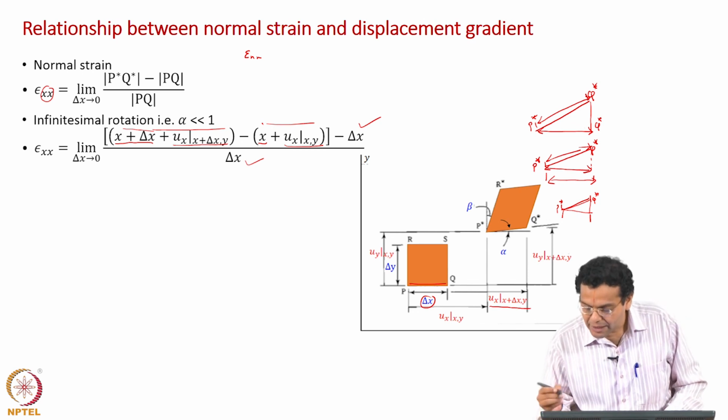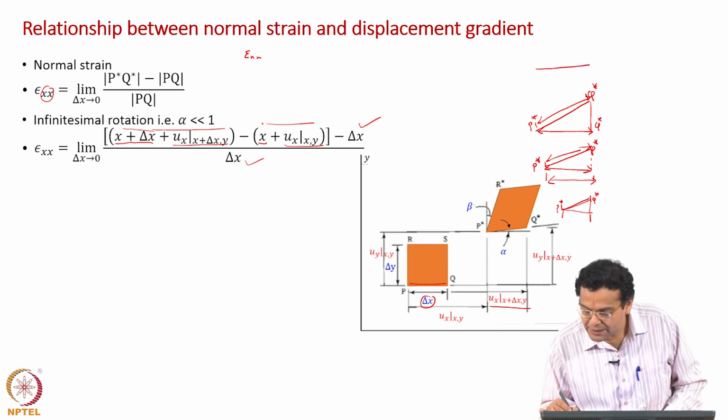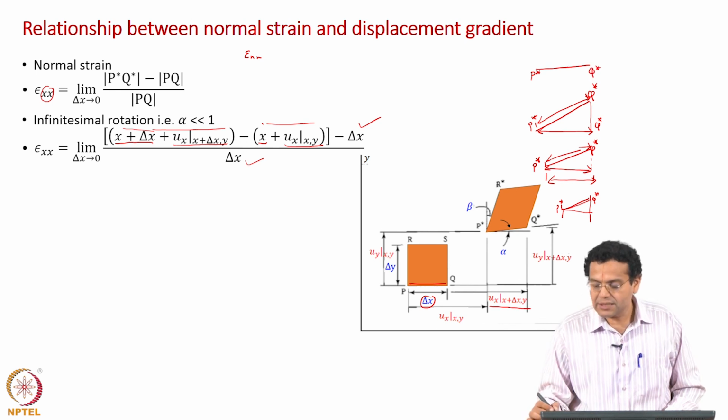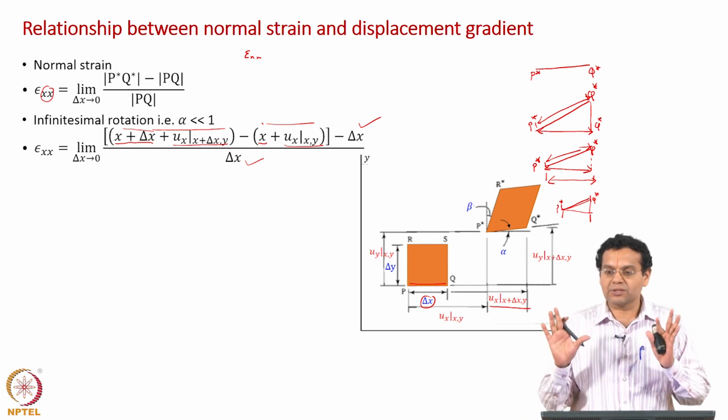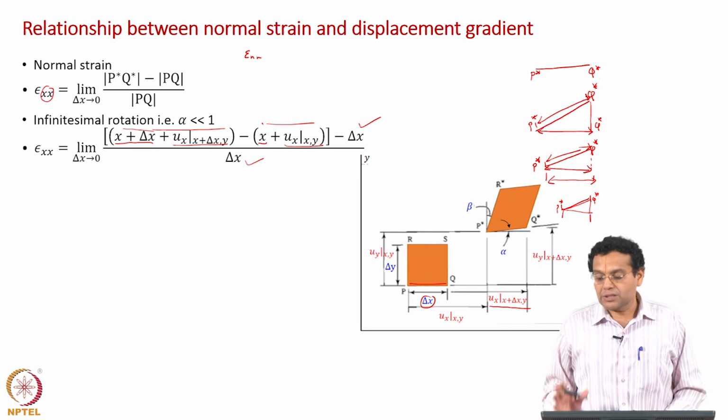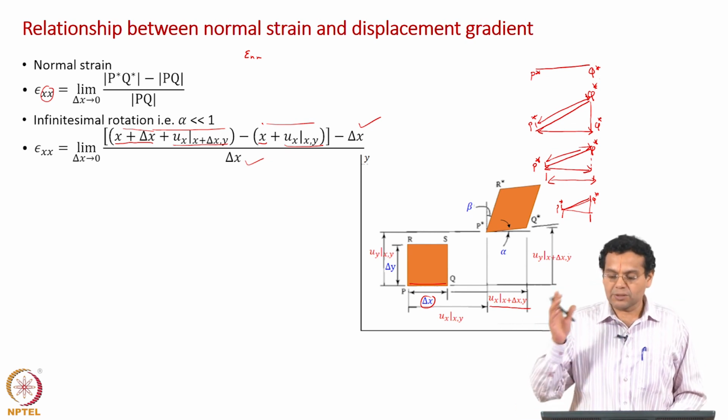Now, let me draw the projected P star Q star. What is the length of this line? Difference in x coordinate, that is all: x coordinate of Q star minus x coordinate of P star.